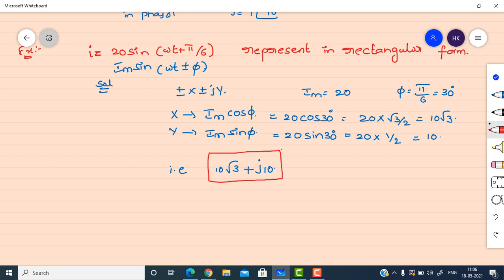And remember one more point, make a note: whenever you are doing addition and subtraction, the rectangular form will be used. If you are performing any addition and subtraction on alternating quantities, the rectangular form can be used.